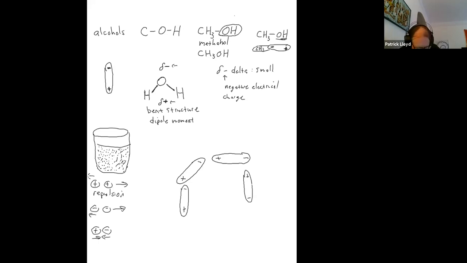So what will happen is the alcohol will orient itself relative to the water molecule. So I'll write CH3 there. The negative end, which is the oxygen, and the positive end, which is the hydrogen, will interact in such a way. So this is your alcohol right here. The alcohol, in a sense, is attracted to the water molecule.